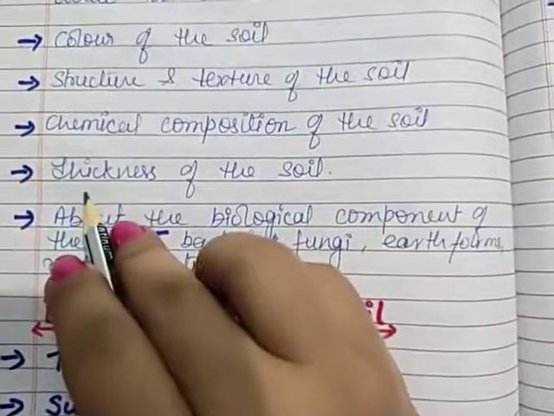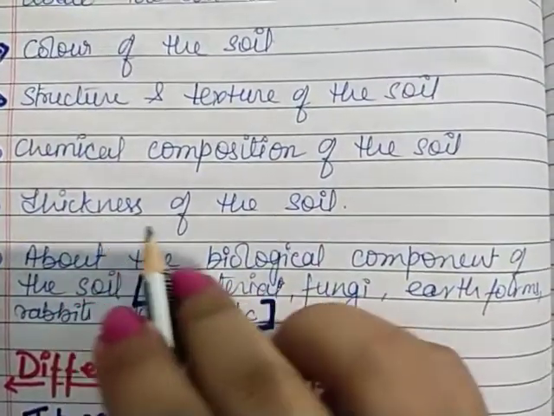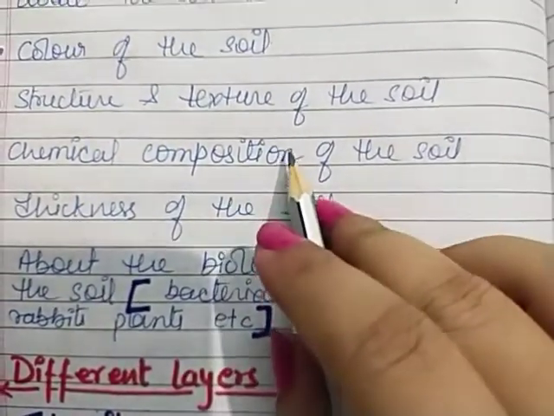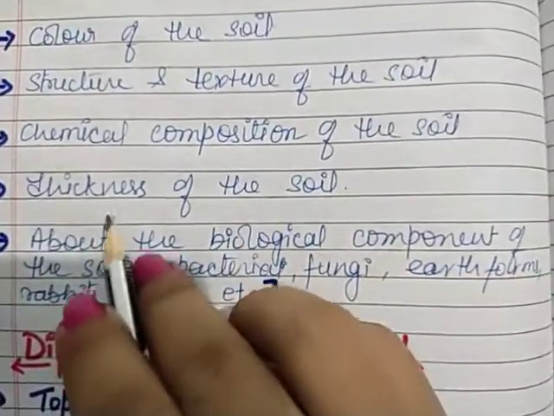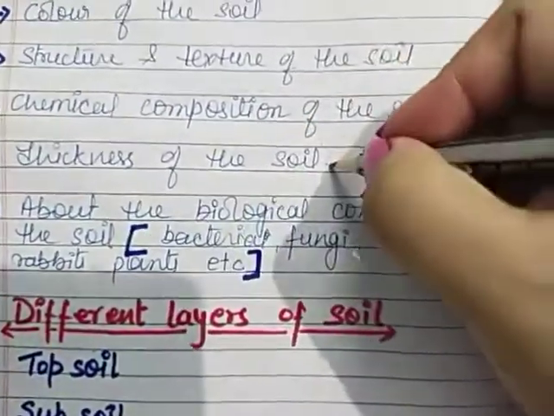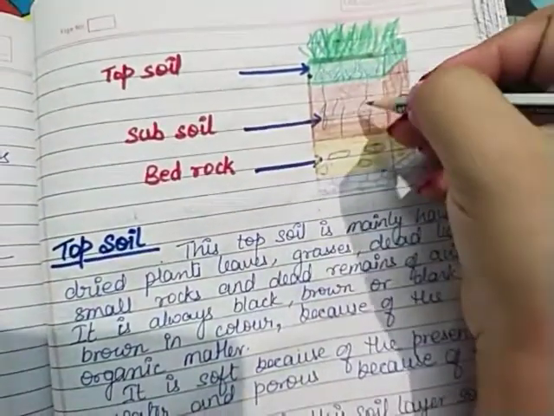Now the next information which we will get from the soil profile is the thickness of the soil. Of course, by studying the soil profile we can get accurate information about the thickness of the soil, meaning how thick each and every layer of the soil is.